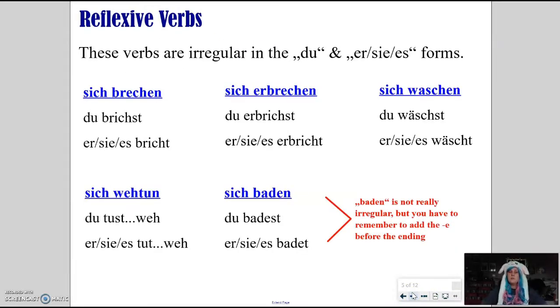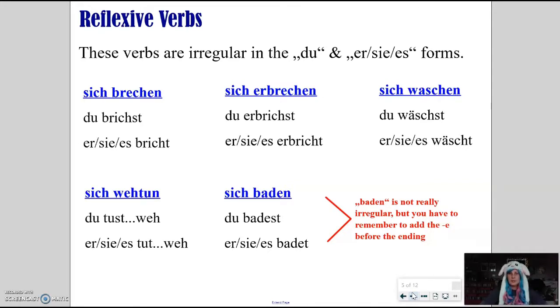Of the verbs for this unit, there are 4 that are irregular verbs. And as a reminder, irregular verbs are generally only irregular in the du and the er/sie/es forms. I recommend pausing the video and jotting these down in your notes, as it just takes time and use and practice to remember the irregular forms of verbs. So sich brechen, the irregular du form, E changes to I, so du brichst, and er/sie/es bricht.